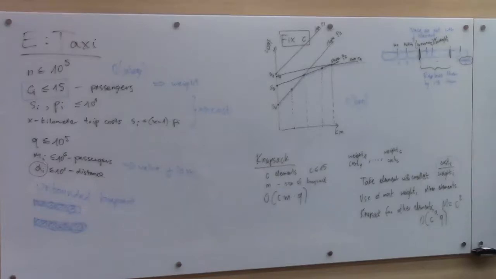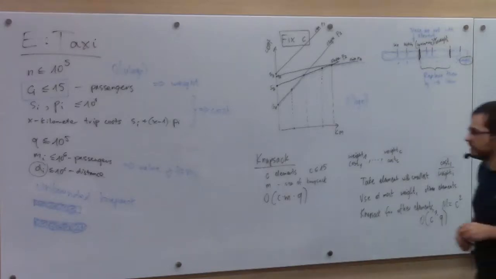And then we have to use the information from this small knapsack. This will give us the solution which will run in time. Okay, so this is all for the taxi problem.